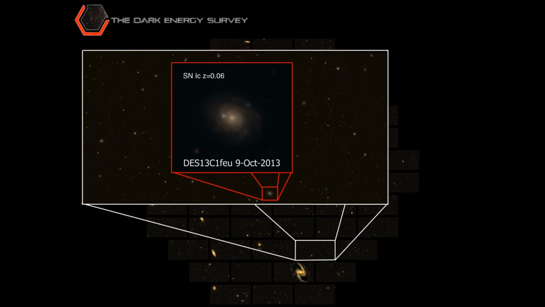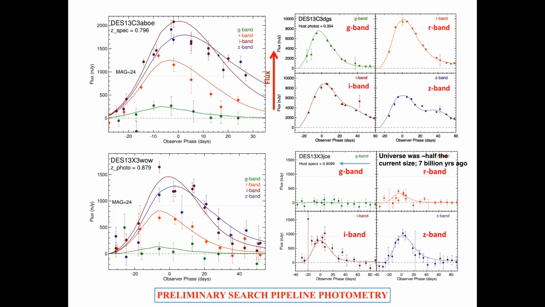These are some example light curves. It shows you the light curve quality from our data. The left panel shows a redshift of about 0.8 to 0.9 type Ia supernova light curves. On the right top is a low redshift one, or what we consider low, which is redshift 0.3, 0.4, really good light curves.